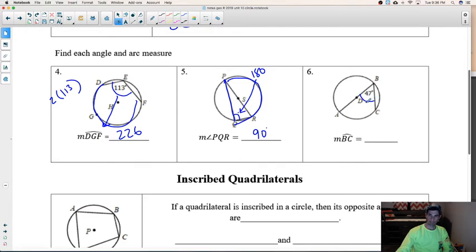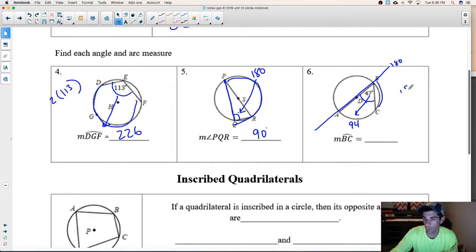And the last one here, now they want arc BC, right? They want this guy right here. So what we want to do is be careful. First, if I'm going to go out, you're going to double 47, that's going to be 94. So be careful not to write 94 like over here. They want this guy. This diameter is 180 degrees, right?